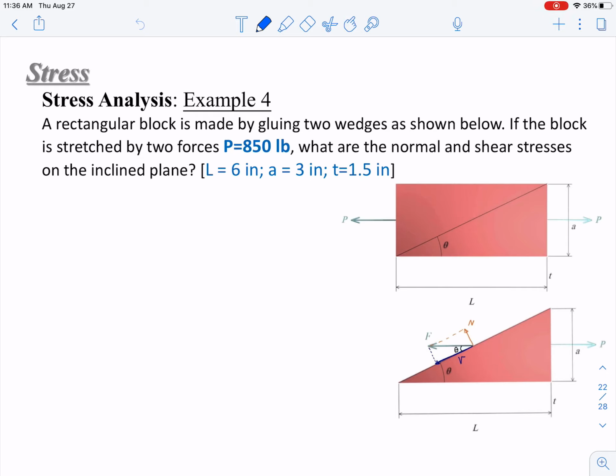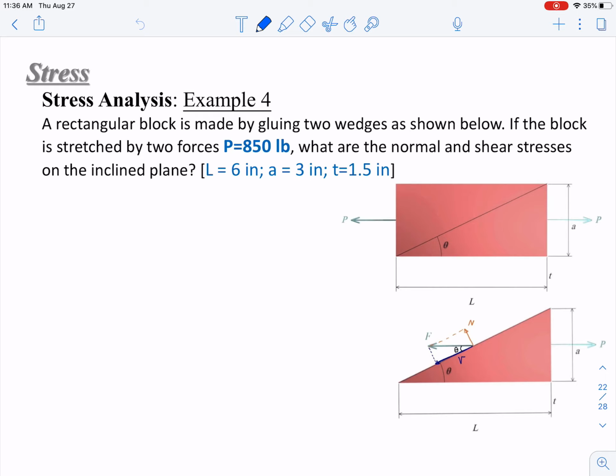So this example is actually not that difficult. We can just focus on half of it since we will analyze the inclined plane and calculate the normal and shear stresses on it. So we just cut it along this inclined plane and focus on half of it.